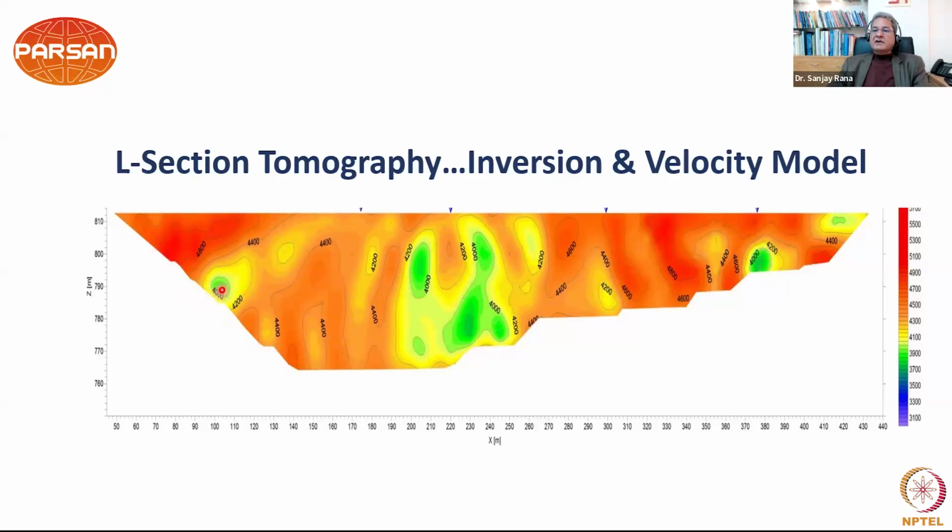So like this, we look for the relative changes in velocity to see what is the reduction in velocity in which parts of the dam. So this gives you a view in L-section. It is like cutting a slice from the dam top up to the gallery and taking this slice out to give a feel of the internal condition in terms of P-wave velocity distribution.